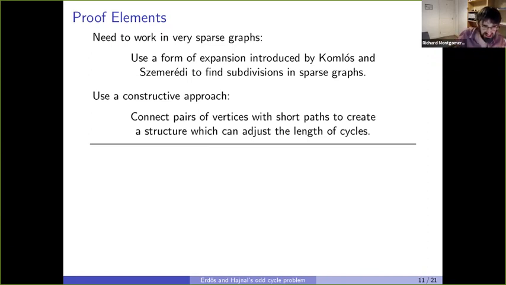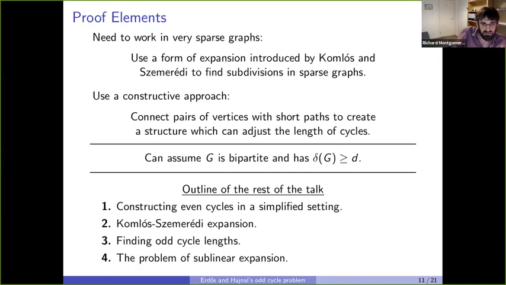So I'll give an outline of the rest of the talk. Oh, just in passing, lest I forget, you can always assume that the graph is bipartite. So I'm going to talk about the even cycle case. Sorry, so I'll assume it's bipartite and that I have some minimum degree condition, although I'm not sure I'll actually go into enough detail to make that important. But okay, so for the rest of the talk, I'll talk about constructing even cycles in as simplified a setting as I can give you and draw some pictures.